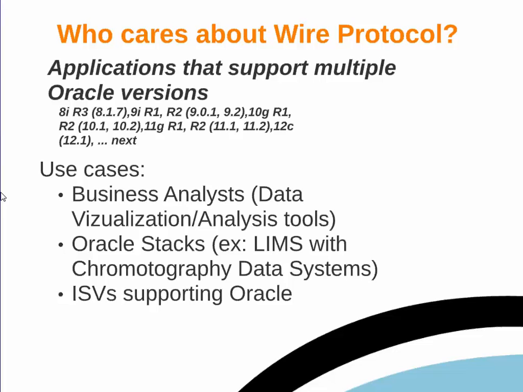And then with ISVs, software vendors looking to support Oracle, just claiming support for Oracle is certainly a varied task. There are different versions, different platforms, and it might be a bit of a nightmare to certify it for every possible scenario your customers might run in the real world. So part of the wire protocol value is that we support all these versions, we test them, and DataDirect runs over 80 million tests across all those environments that we support.